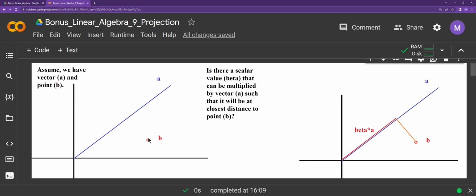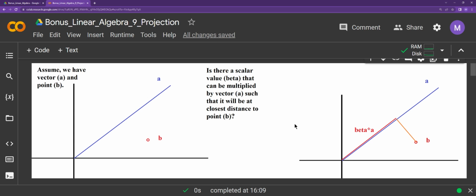Okay, so that would give you the closest distance between B and A. Okay, now just assume we did that, we would be basically coming at some point on vector A if we draw this orange line, which is a vertical line from B to vector A.